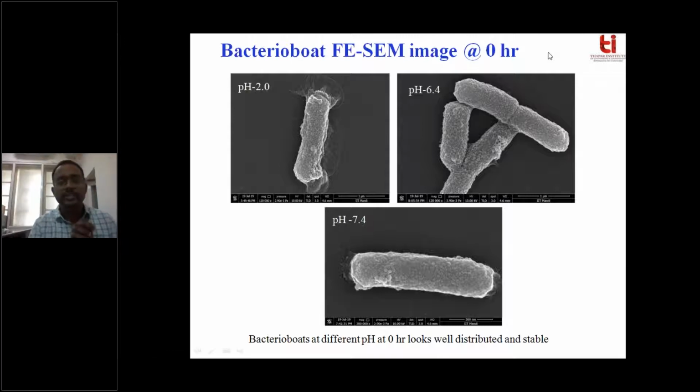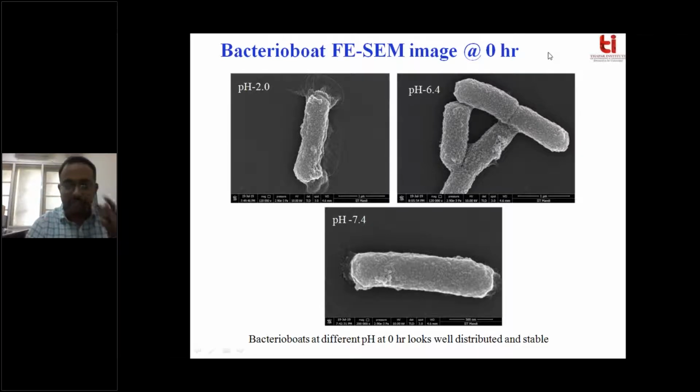And we used simulated intestinal fluids as well as simulated gastric fluids. That means we had all the salts present inside the intestinal fluid as well as the gastric fluid, as well as the enzymes, like you have pancreatic enzymes in the intestine, and then you have amylases and other things in your stomach.